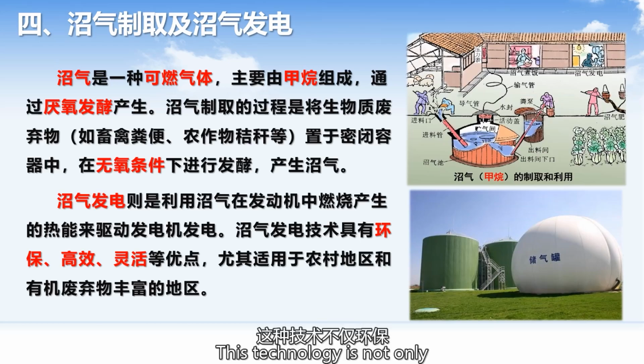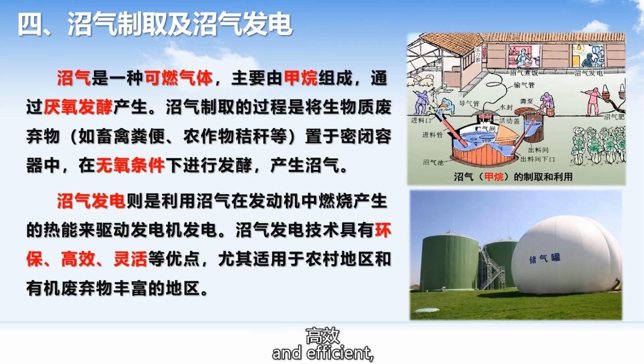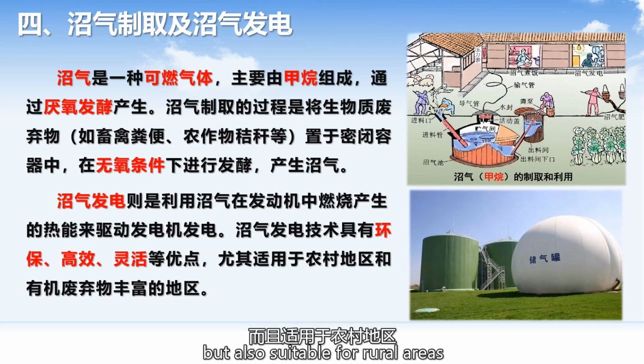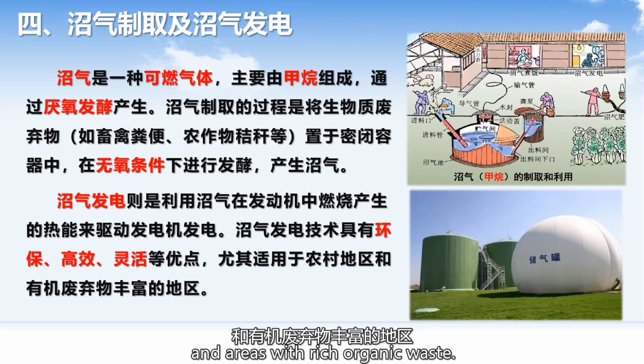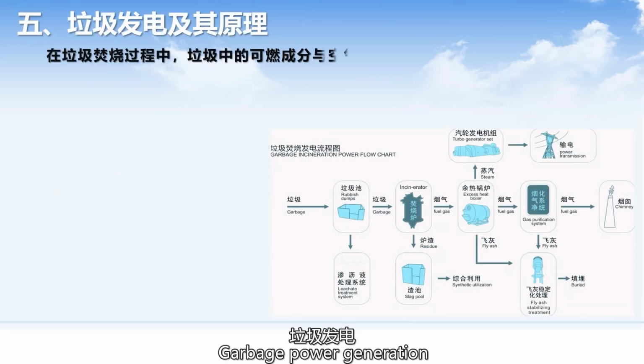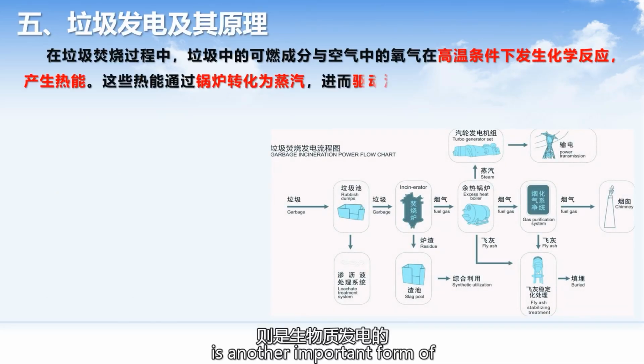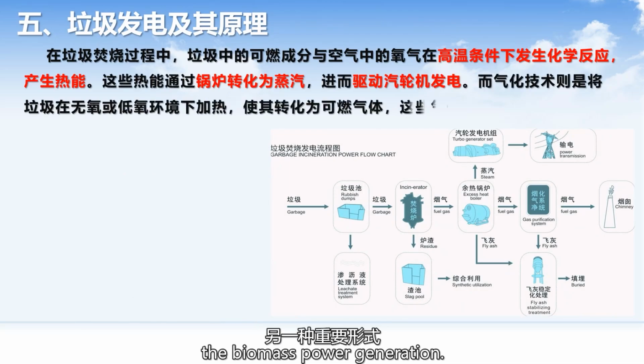This technology is not only environmentally friendly and efficient, but also suitable for rural areas and areas with rich organic waste. Garbage power generation is another important form of biomass power generation.